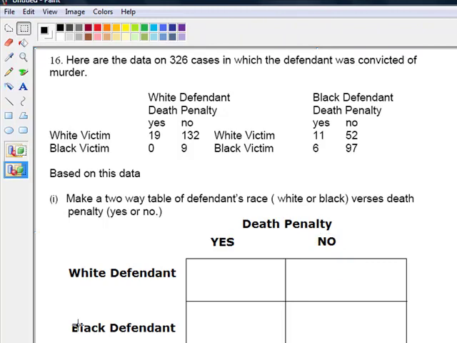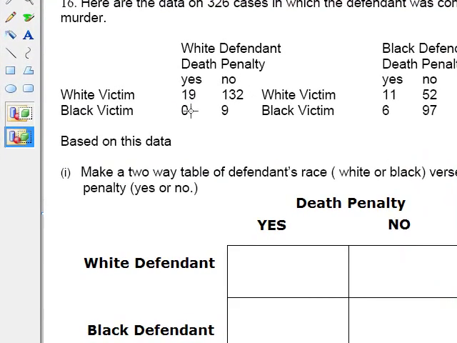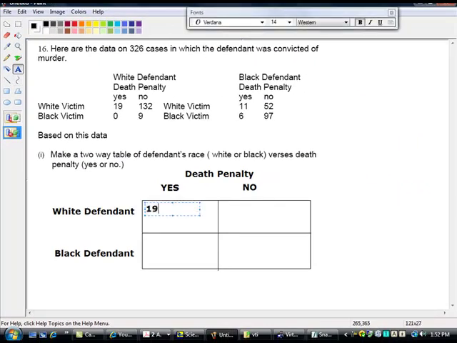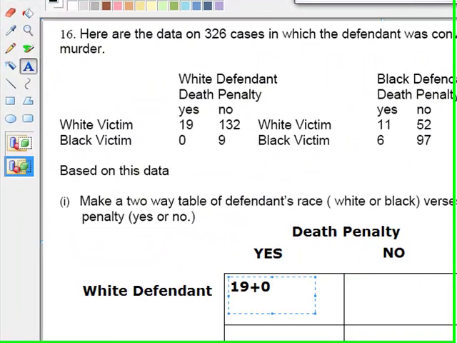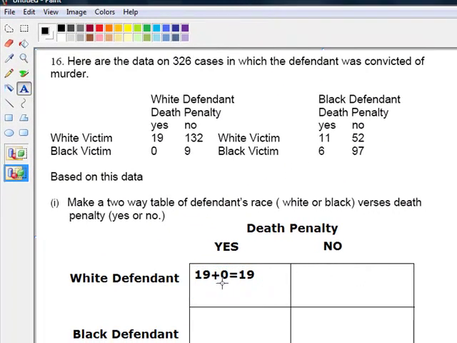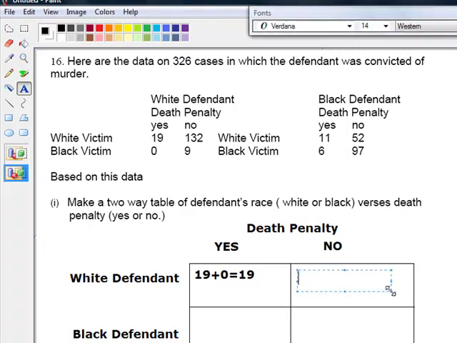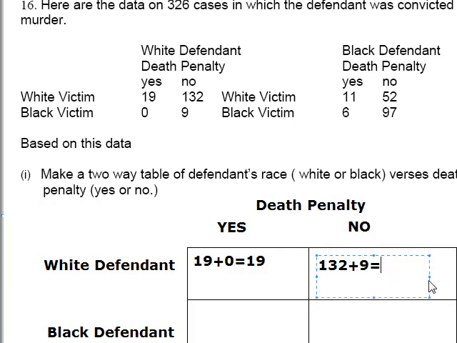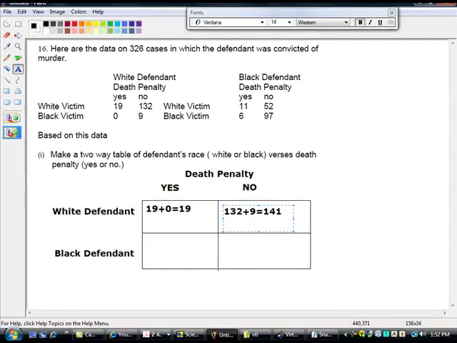So how many white defendants total got death penalty? 19. Very nice. So 19 plus 0 is 19. An easy number to add, right? How many did not? 141. Very good. Plus 9 is 141.